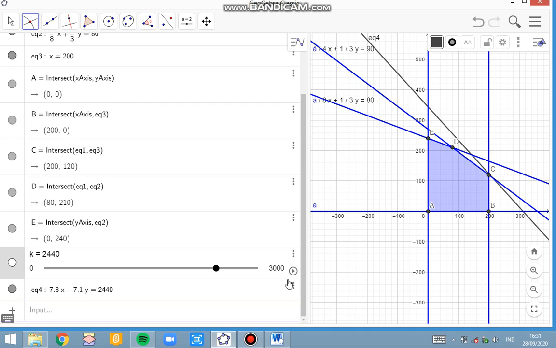The maximum profit that the company obtains in this case is 2,140, where x is equal to 200 and y is equal to 120.